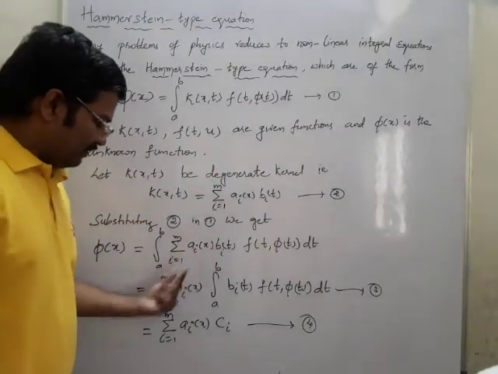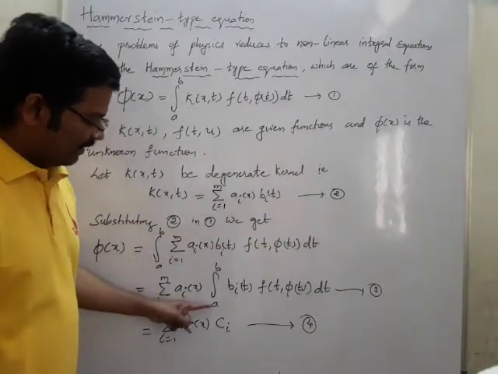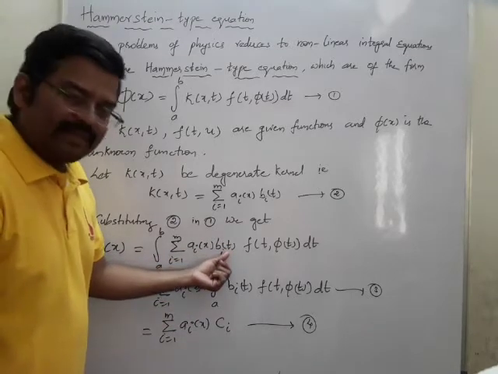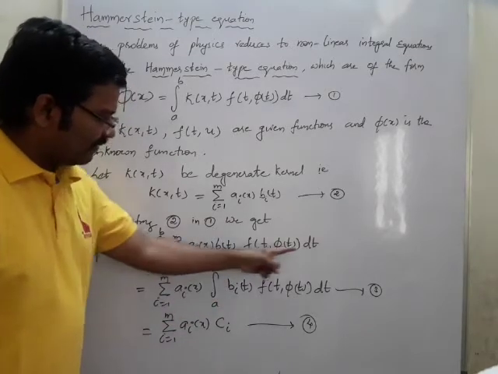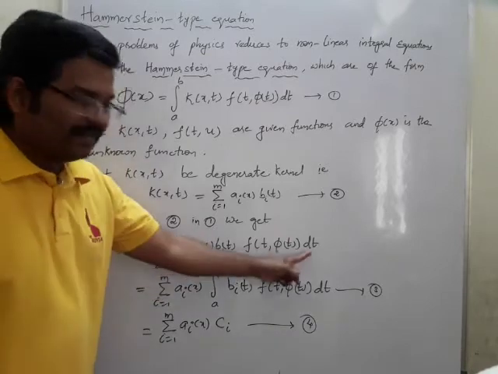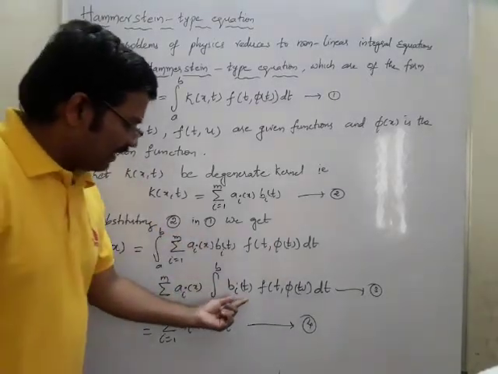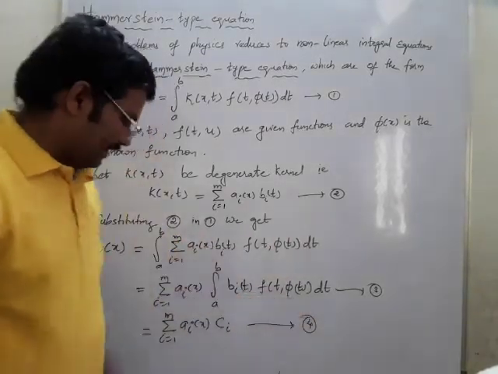Taking a_i of x outside of the integral a to b, because the rest is a function of t, we are integrating with respect to dt. So we take the integral of b_i of t f of t comma phi of t dt.